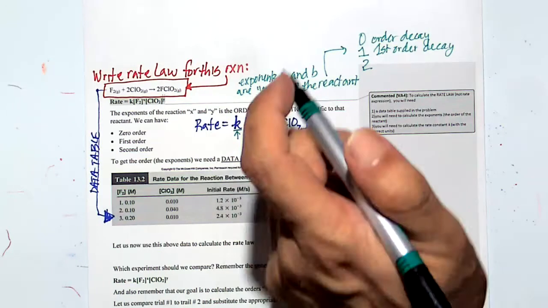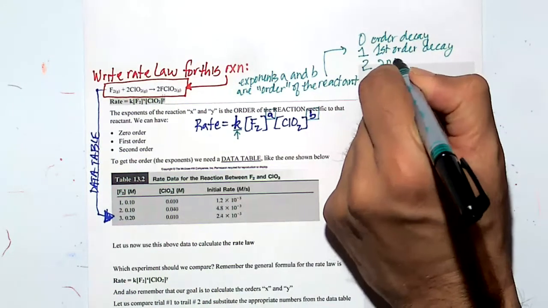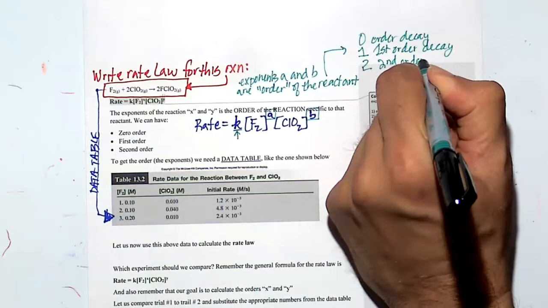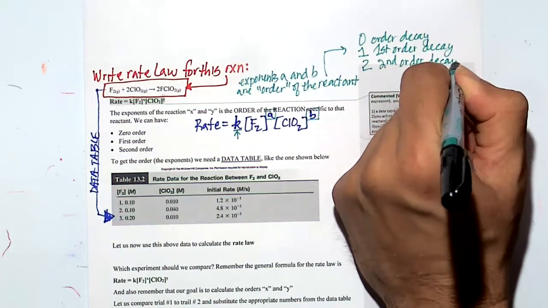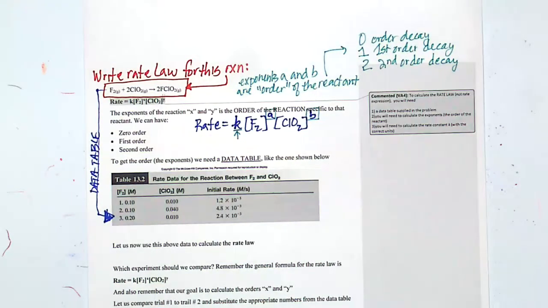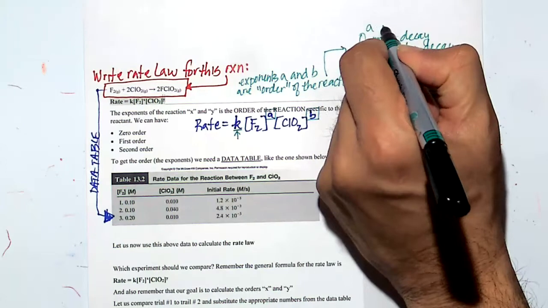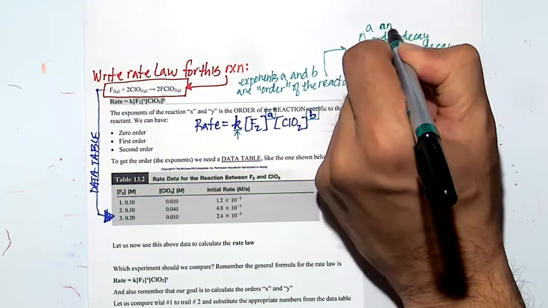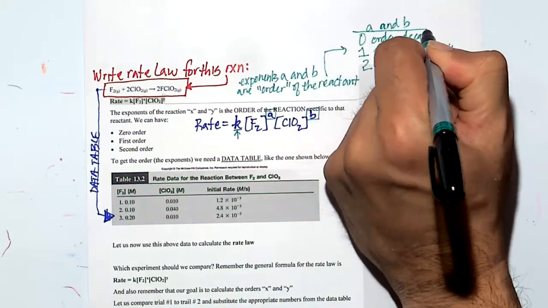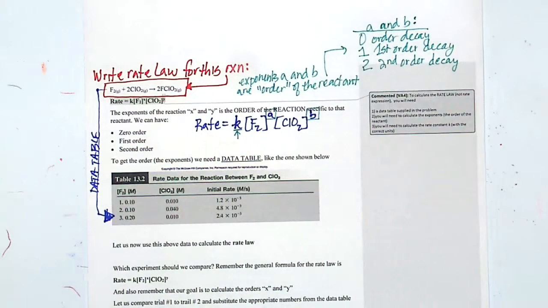That's all you'll see on the exam. So either 0, first, or second. Nothing more. So that's what A and B could be. 0, 1, or 2. Those are the only three options.